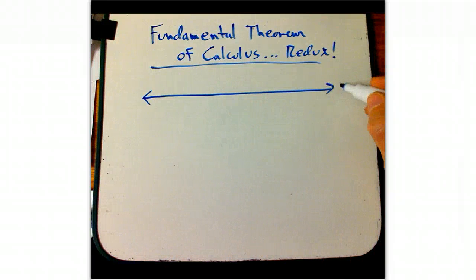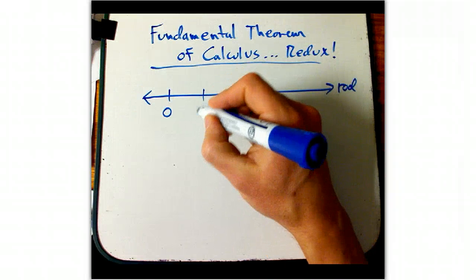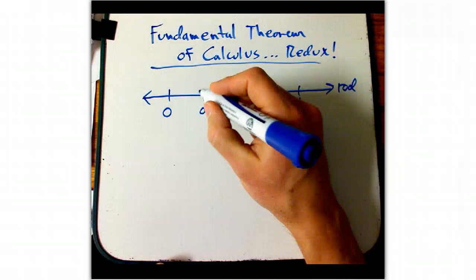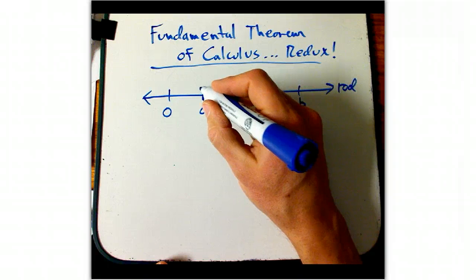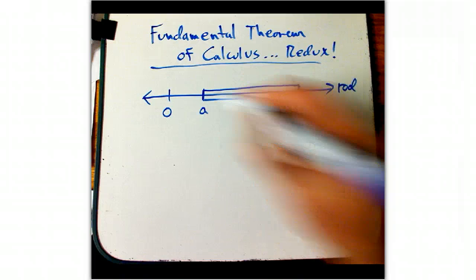We've got a rod, some sort of metal rod perhaps, and maybe here's position 0, here's position A, and here's position B. And so maybe here's one end of the rod, and here's the other end.